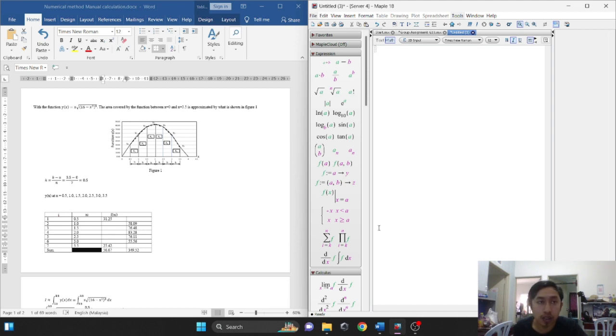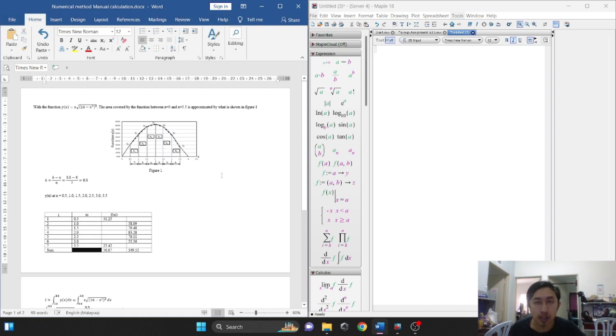So as we can see on screen, this is our manual calculation by using a calculator. Okay, we solve using a calculator. Then for the value of h, we got 0.5 increment. So x from 0.5 until 3.5.